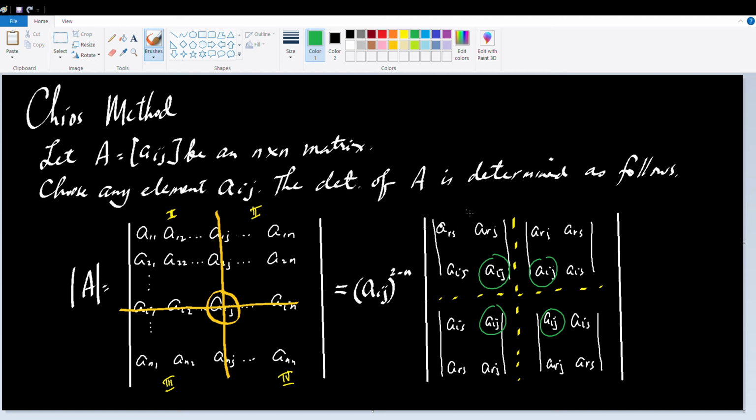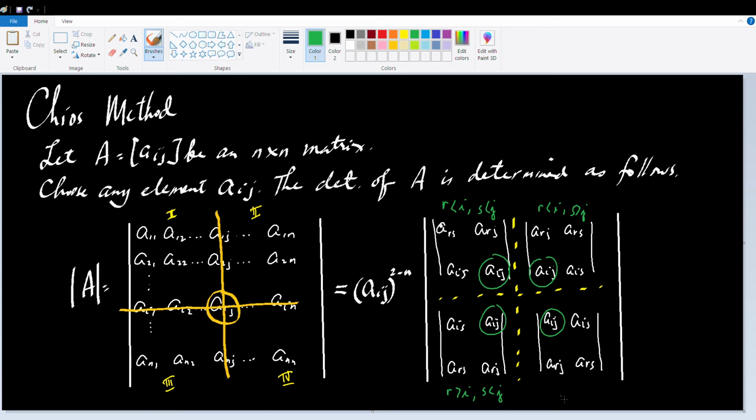So notice the location of our Aij. For this first quadrant, your r is less than i, and your s is also less than j. For the second quadrant, your r is still less than i, and your s is greater than j. For the third quadrant, your r is greater than i, and your s is less than j.